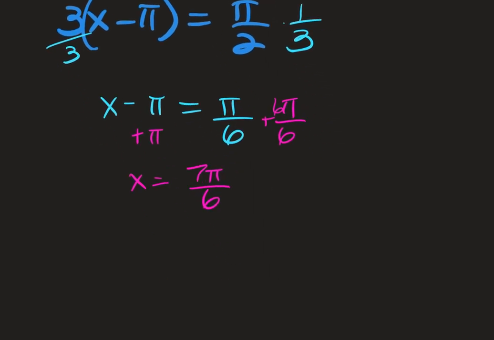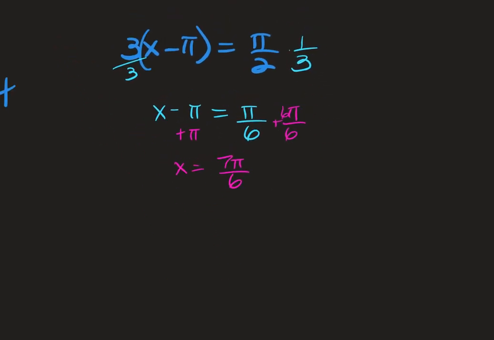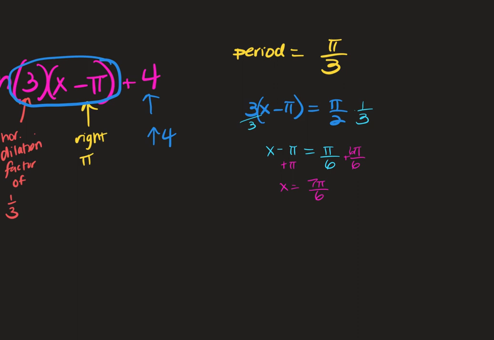That's your middle asymptote. If the horizontal shift was exactly the period, no change is needed. Like if the horizontal shift was pi over 3 instead of pi, then can we just keep the graph? Sure.